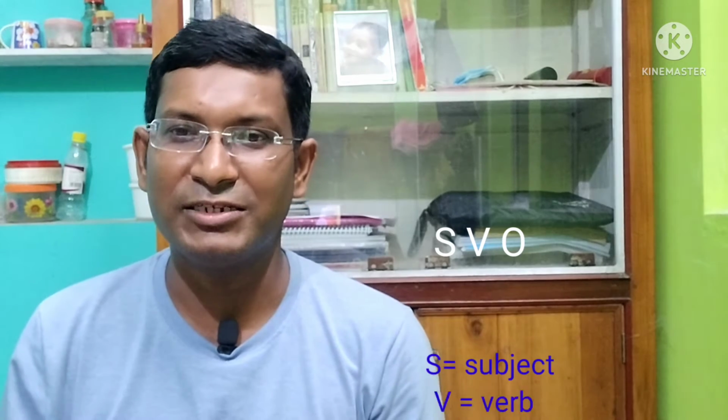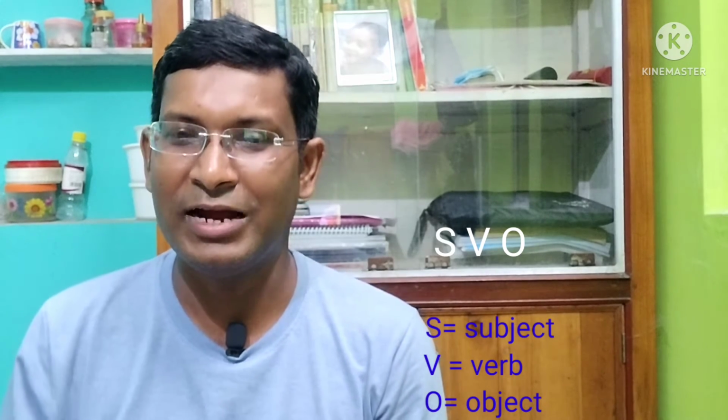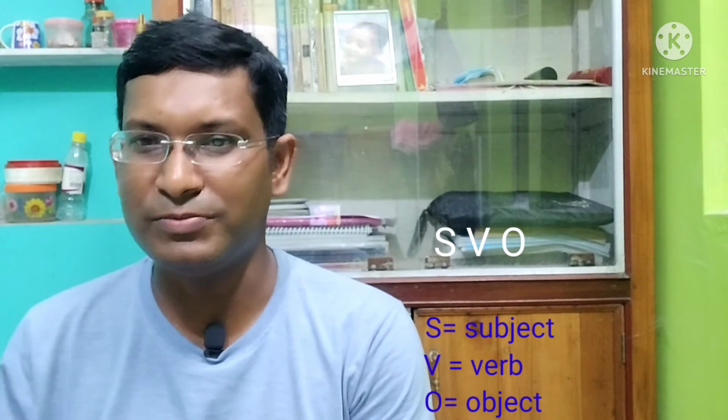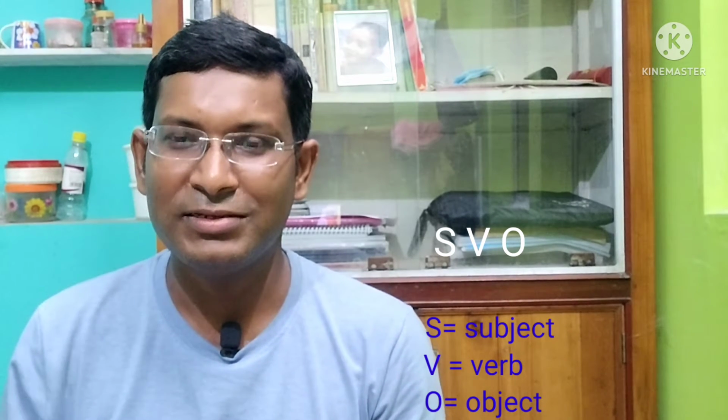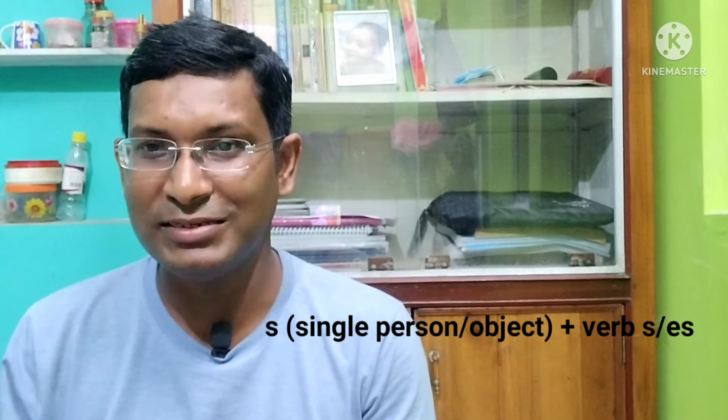S stands for subject, V stands for verb, the first form of verb, and O stands for object. When the subject is a single person or an object or a thing other than I, we, you, they, the verb gets s or es at the end.